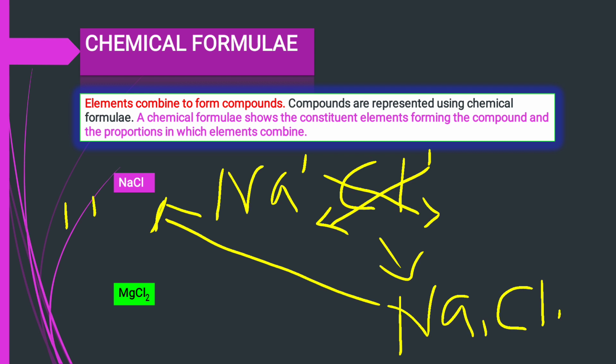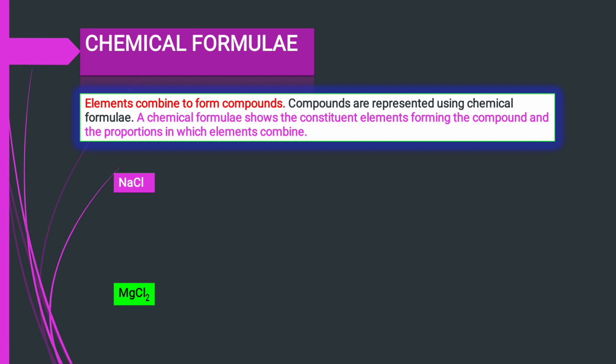We look at the next example of magnesium chloride. The chemical symbol for magnesium is Mg, while that one of chlorine is Cl. The valency of magnesium is 2, while the valency of chlorine is 1.